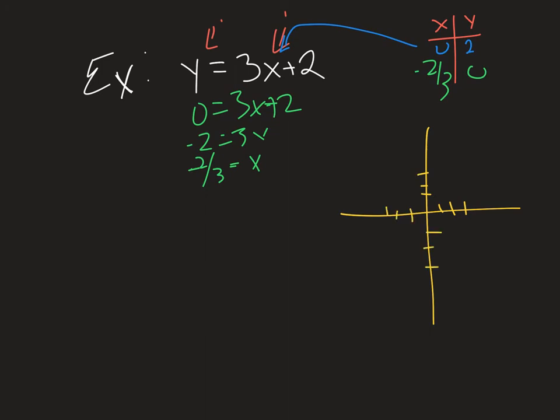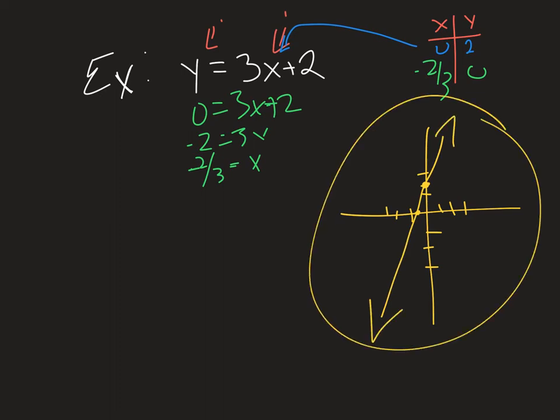Okay, and we're going to plot the first point, (0, 2). That one's pretty straightforward. And then the other one, (-2/3, 0). So this one we're going to have to eyeball a little bit. So probably about there. And then we can graph. And that is all we need to do.